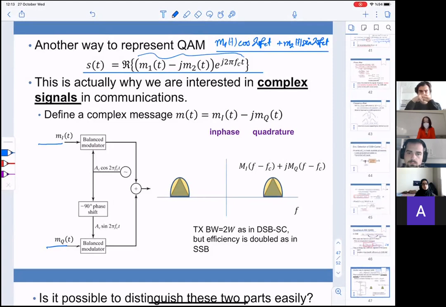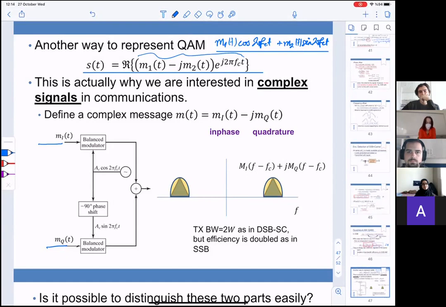But I do not lose anything by working on that complex signal and then converting it to the real part. From this point on, as you study communications, you will always be interested in complex signals. This is why. Good news or bad news, I don't know, but we will be dealing with complex signals.